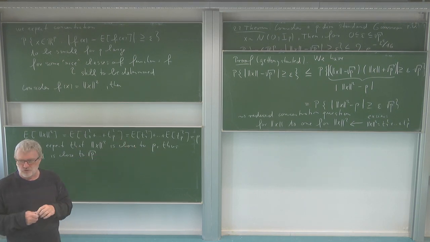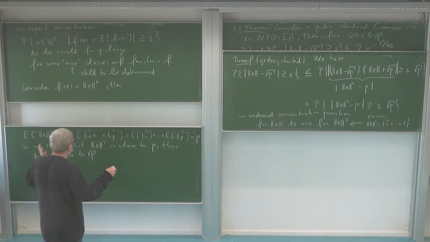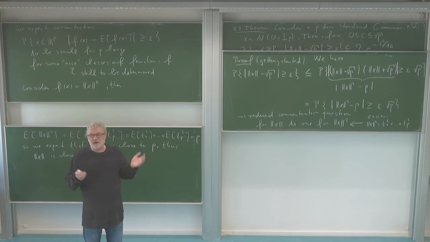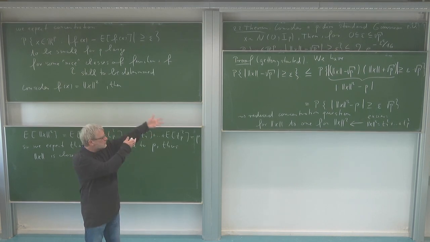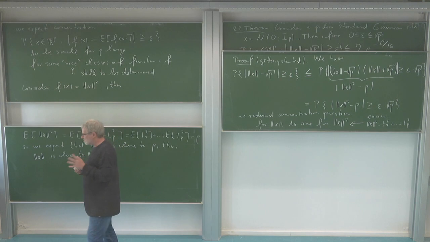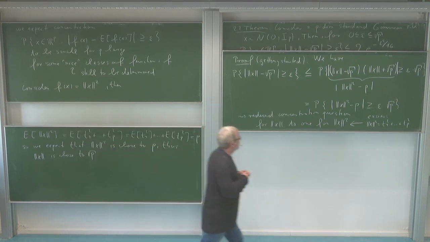But maybe I first should recall what the Markov and Chebyshev inequalities are. They are just for one variable. The variable doesn't have to be a sum of anything, but later we will apply them to such situations.